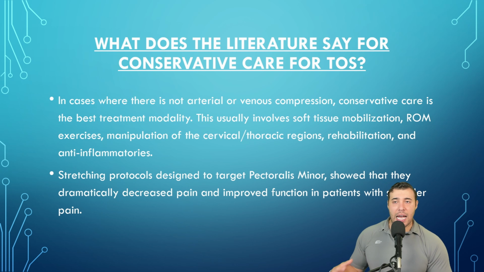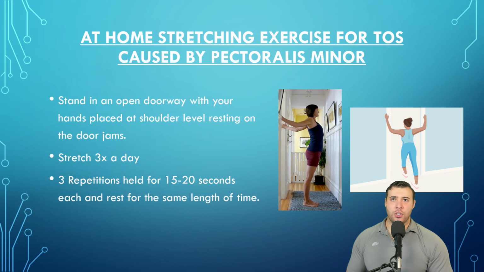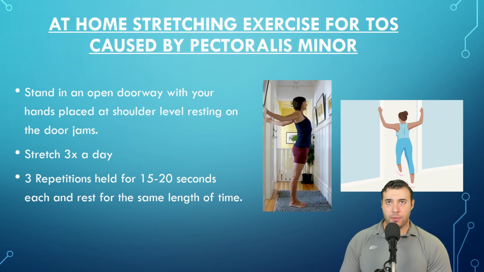So it's going to tie into that kinematic chain of how everything's affected and what causes that pain in the thoracic region or even cervical region. You're going to be jolting forward, not moving your arm as much. You're going to have issues with general mobility, which can lead to that upper thoracic and cervical pain. So let's take a look at some of the best stretching that I found from the literature.